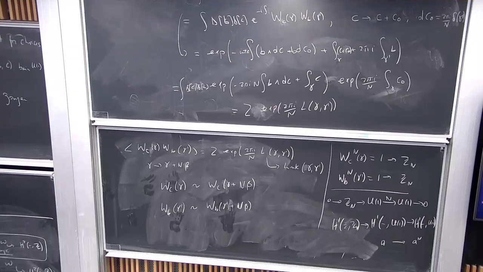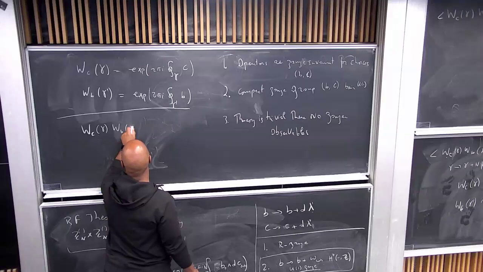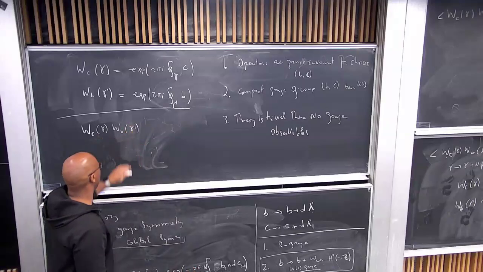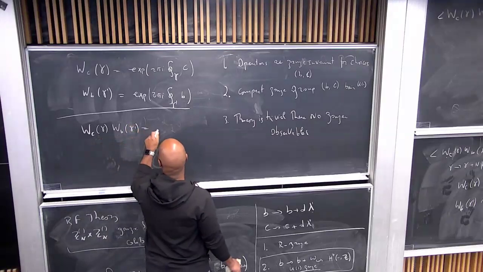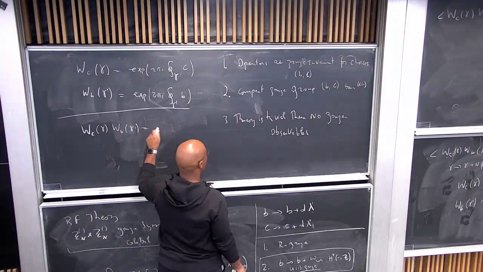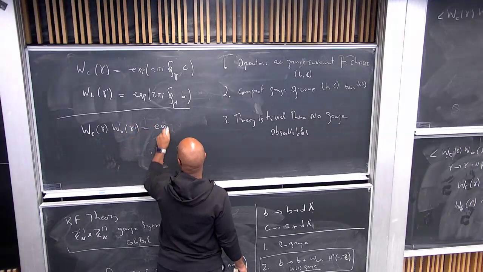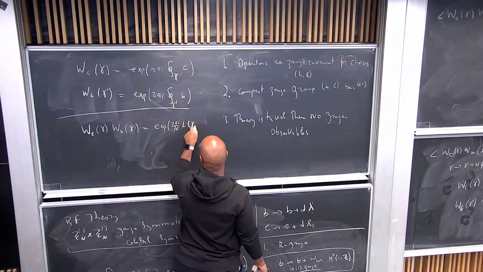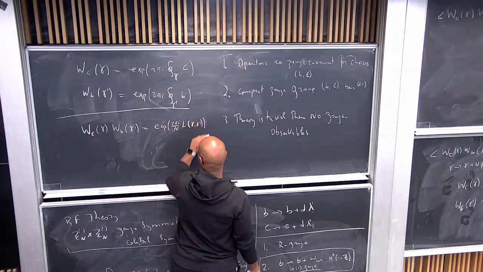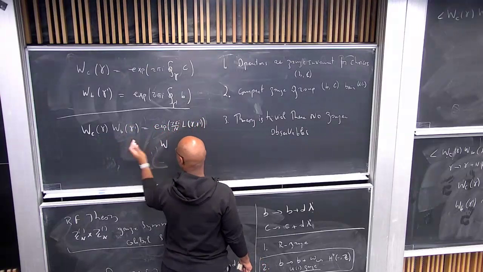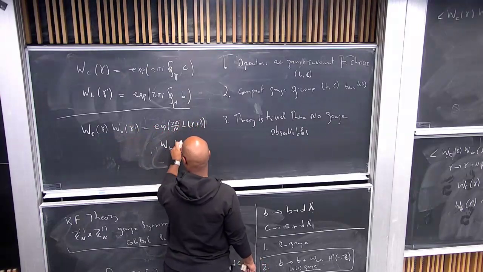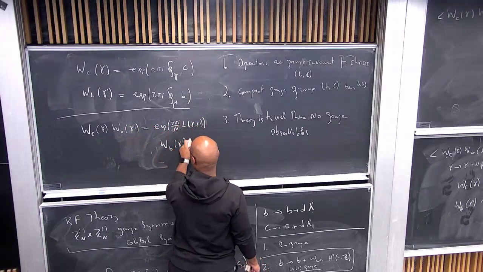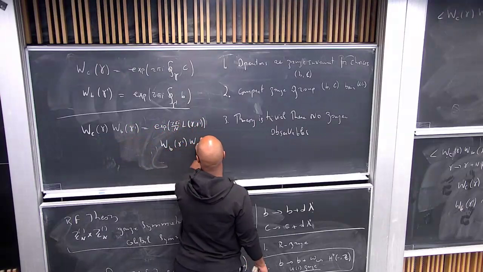WC acting on WB of gamma prime as non-trivial operators gives you the exponential of 2 pi i over n times the linking number of gamma prime with gamma, times WB of gamma prime times WC of gamma.